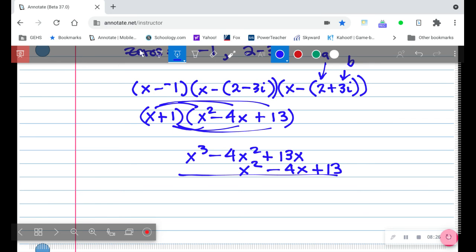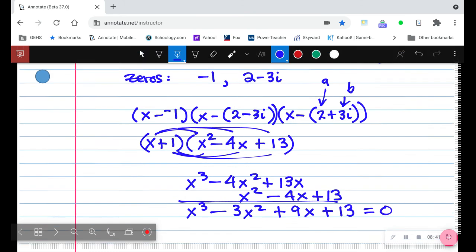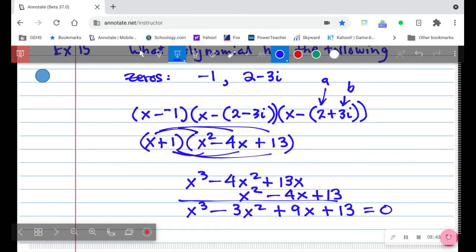And we got our like terms already lined up here, so I'm just going to get my answer pretty quick here. Set that equal to 0. And you now have the equation whose roots are negative 1, 2 minus 3i, and 2 plus 3i.